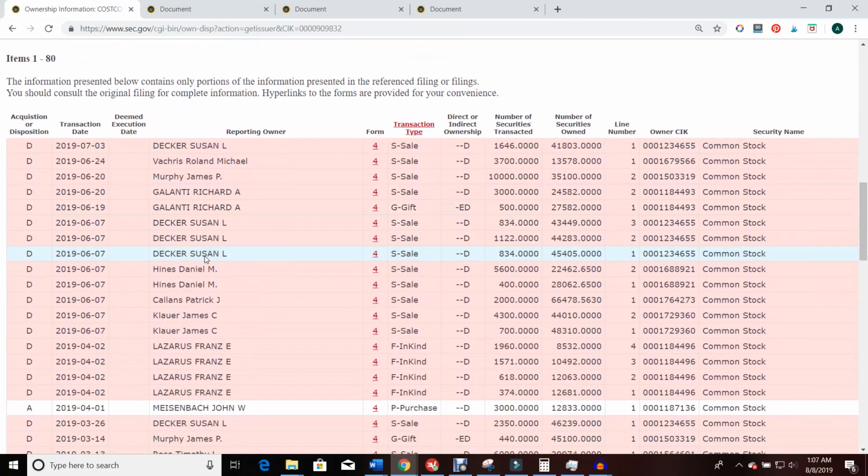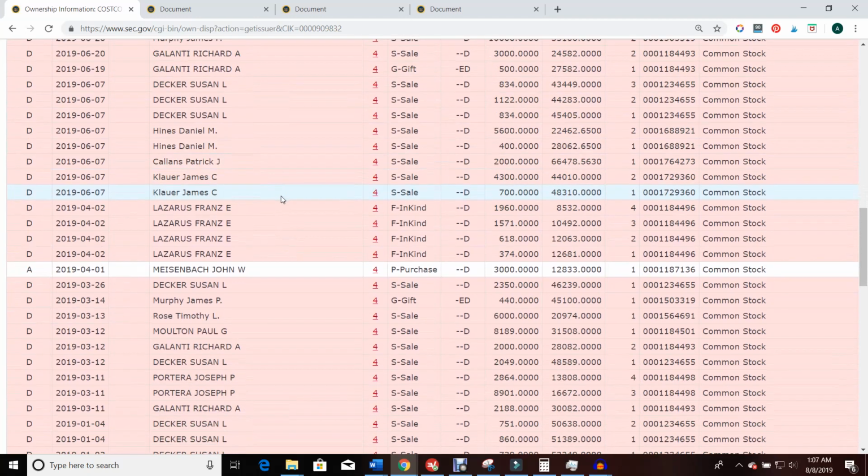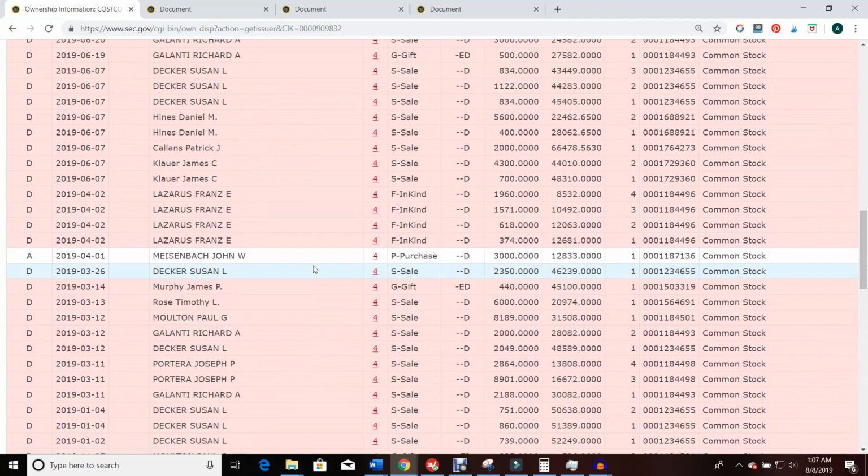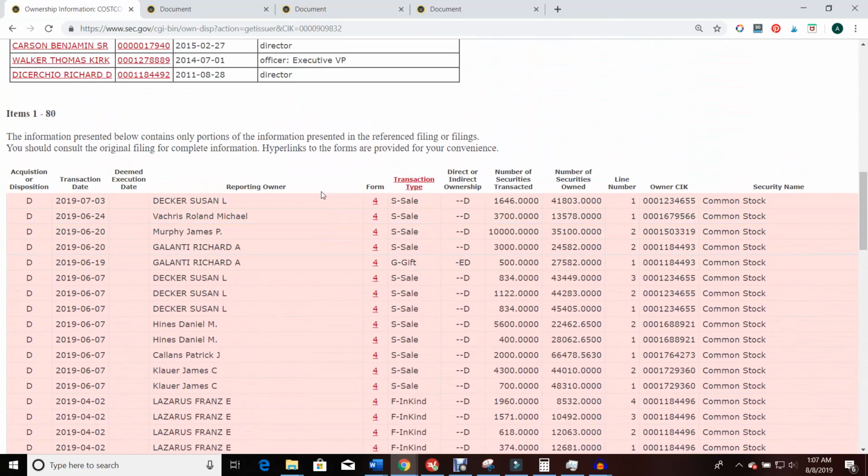And as you can imagine, executive share ownerships change all the time. So you're literally going to see dozens and dozens, even hundreds of Form 4s filed over the course of a year. So there's a lot of noise that you have to sift through when you're reading these documents. But they're obviously important because you want to know what executives are doing with their own shares.